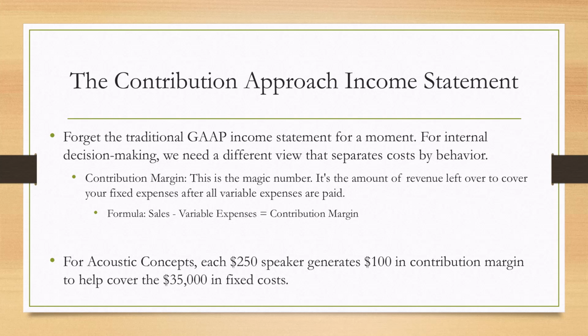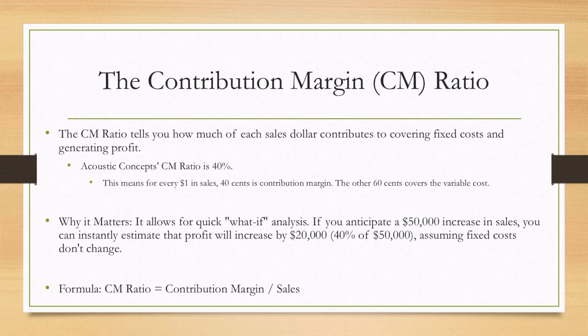For our case study, Acoustic Concepts, each $250 speaker they sell generates $100 in contribution margin. That $100 is what's available to help cover their monthly fixed costs, and then once those are covered, to generate profit. We can take the contribution margin concept a step further by calculating the contribution margin ratio, or CM ratio.